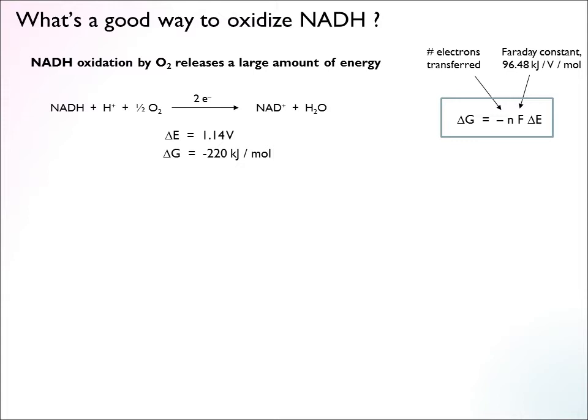Now, when you look at the respiratory chain and these type of oxidation reduction reactions, you often encounter these type of voltage differences. So instead of the delta G, you have a delta E, so an electric potential difference, which is measured in volts. This is pretty much another way of measuring the same thing. You're measuring how the energy changes when you go from a more reduced metabolite to a more oxidized one.